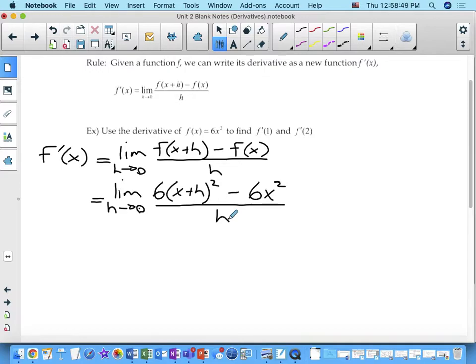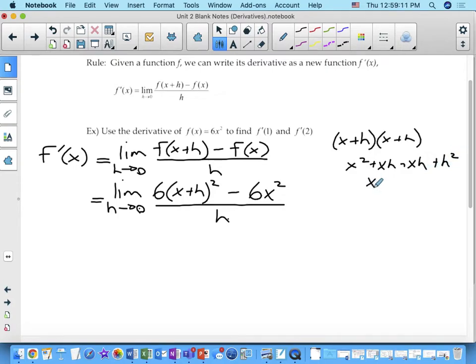Okay, now this piece, just do that off to the side, is x times x is x squared plus xh plus hx, or plus xh, plus h squared.